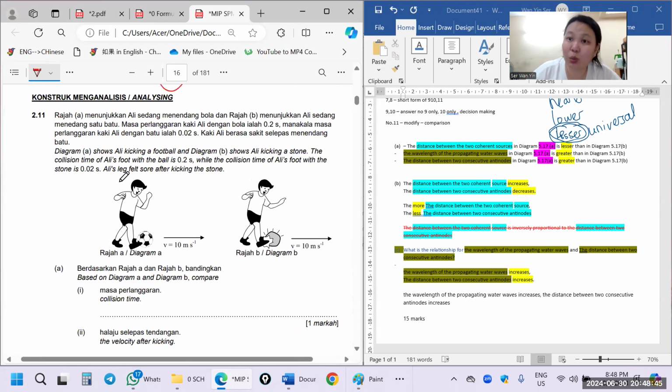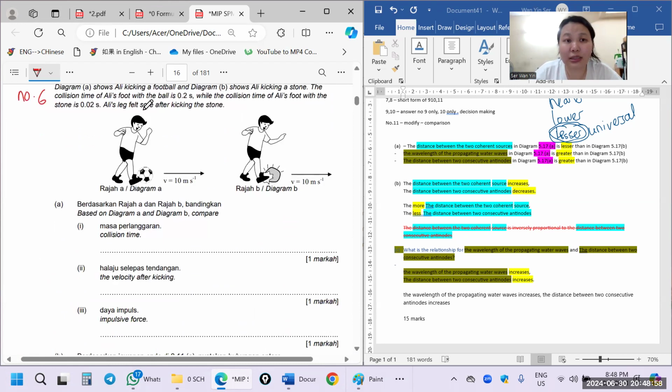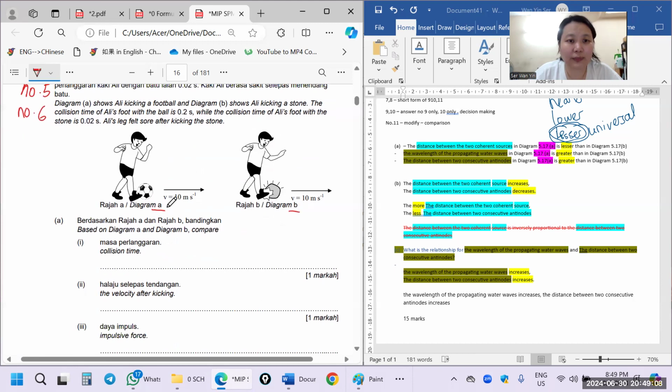So actually, this one is format for number 5 or number 6. So see, actually the same thing. Diagram A shows Ali kicking a football, and diagram B shows Ali kicking a stone. So this is A, this is B.